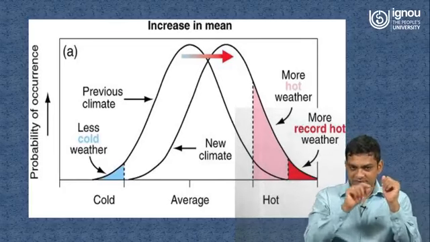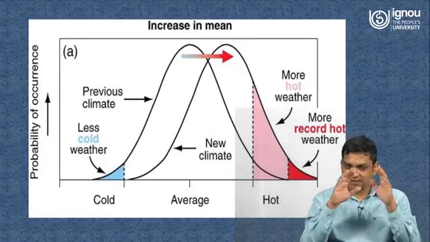The peak of the bell, that we call the mean, and the limbs of the bell-shaped curve are the variance. Okay, assume that climate is changing, if there is an increase in the temperature, an increase in the mean value, then what happens?